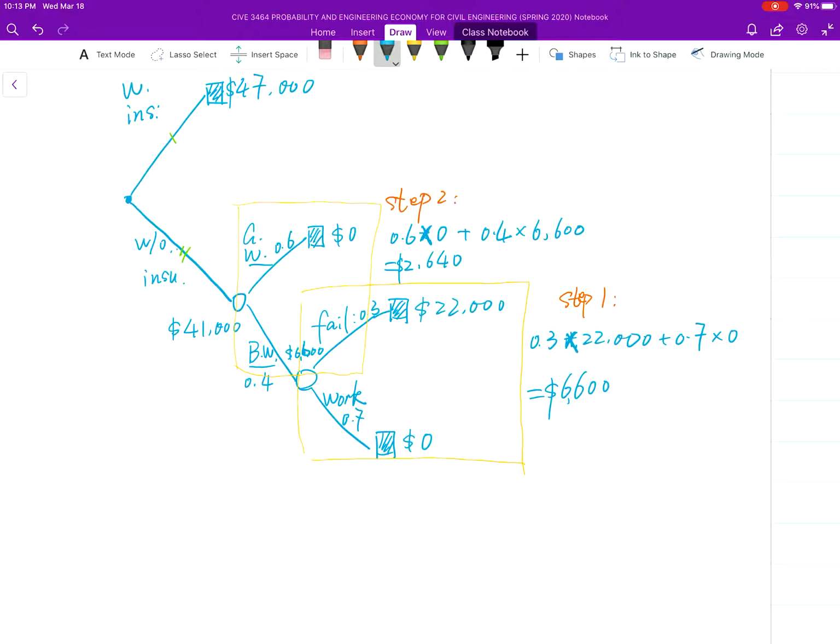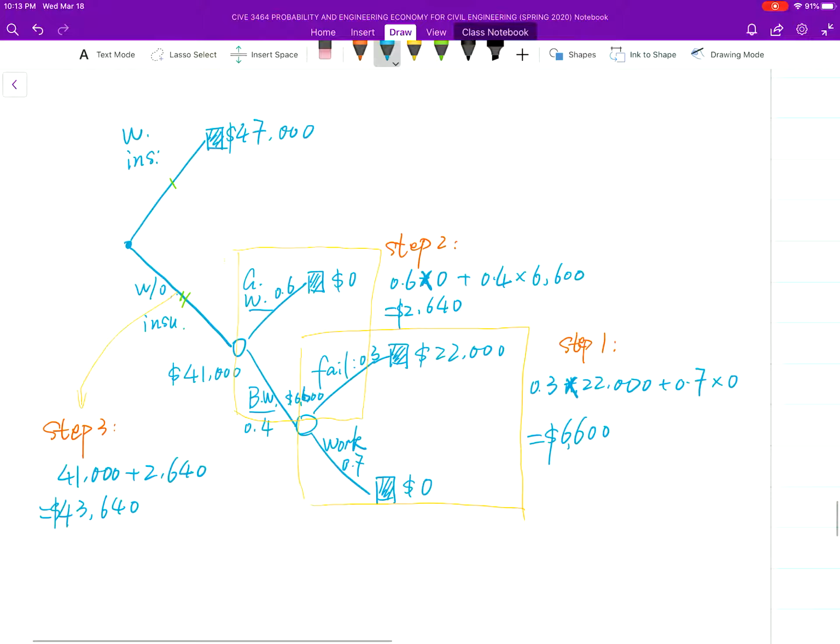Maybe I can say step 3 is 41,000 plus 2,640 equals 43,640. That's our total cost at this point, right? Now do the comparison. With insurance is $47,000.